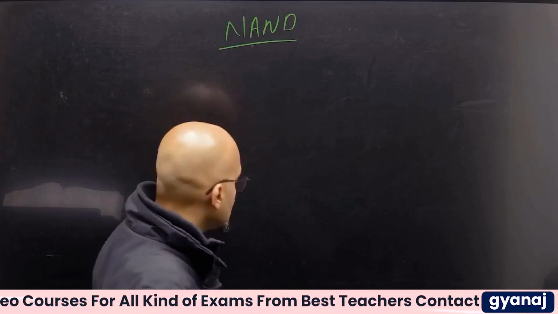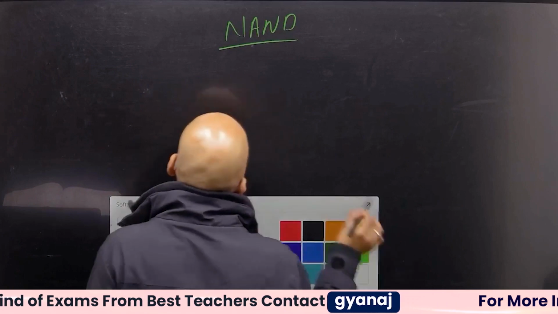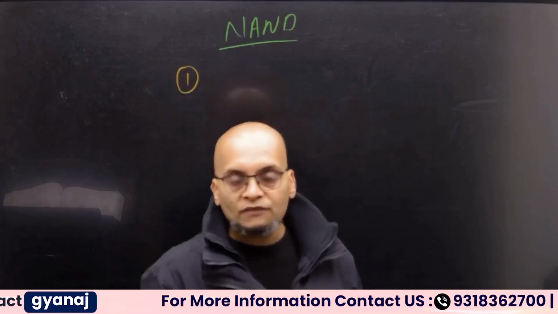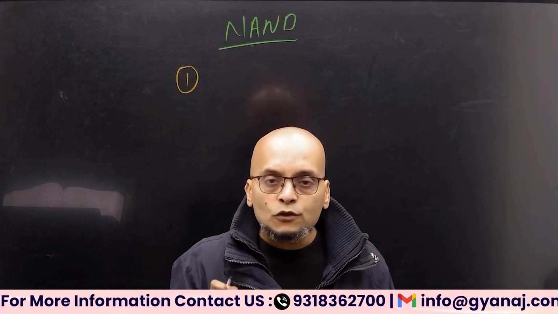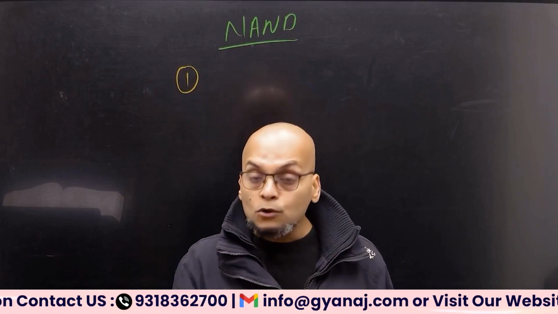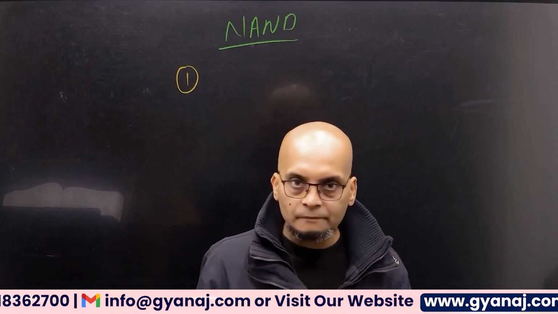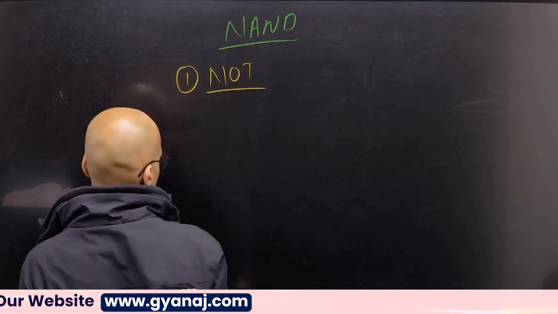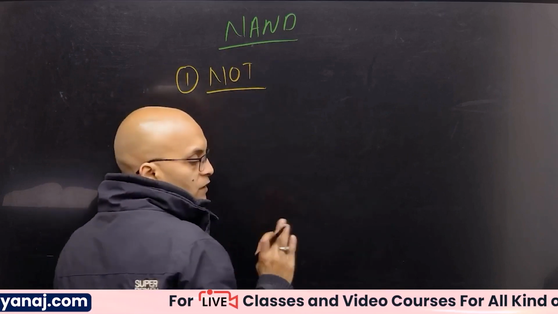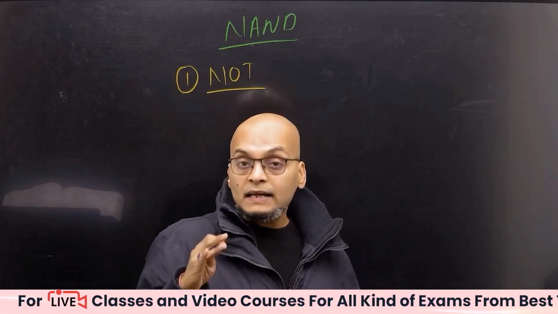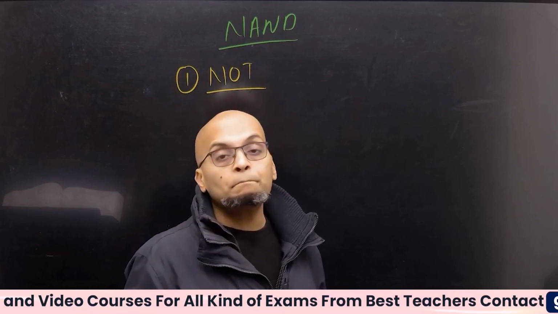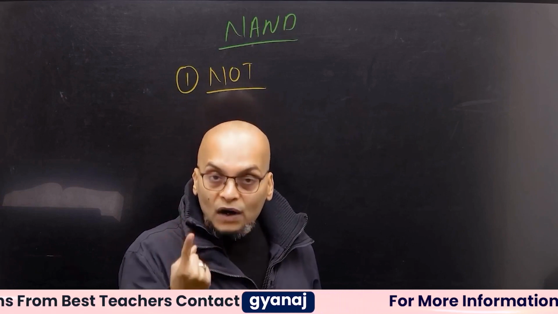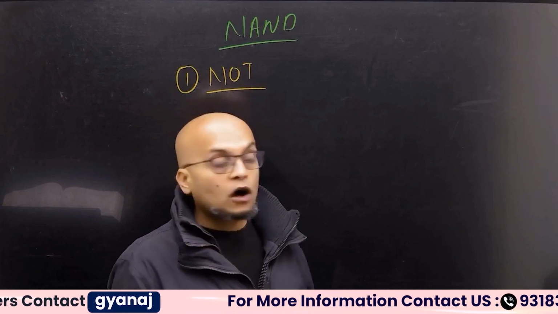So first let's realize the NOT gate with the help of NAND. And pay attention, when I'm saying with the help of NAND, I mean I will be using only the NAND gate. No other gate can be used. So, NOT gate. Now the problem is that in a NAND gate there are two inputs, but in a NOT gate there is one input. So how to work?